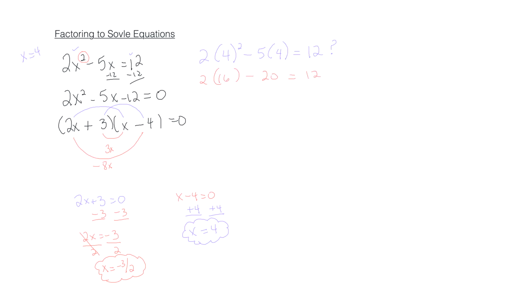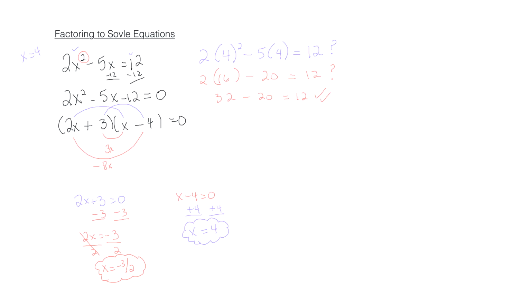I don't know. 2 times 16, 32 minus 20 equals 12. Yep. And that'll be the same thing for -3/2, but I'm not going to put that in there.